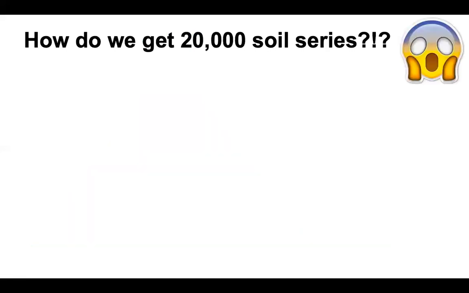Now, I know what you're thinking. 20,000 soil series is a lot. Like, how do we think that through? How do we make sense of 20,000 soil series? Well, 3 words for you: soil forming factors. So these are the factors that soil scientists think about when they are trying to make sense of a soil and describe where it came from and what it looks like now.